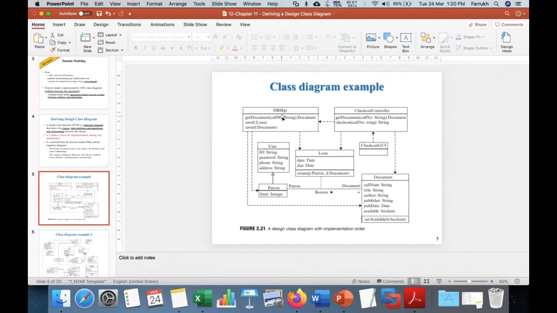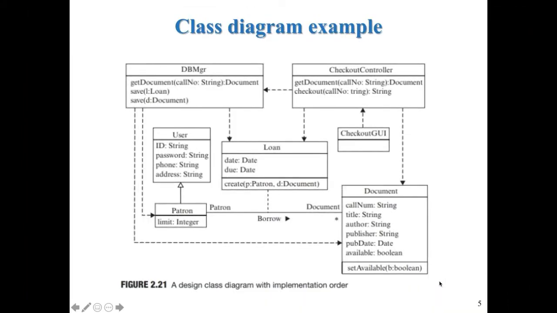In here you see some attributes. You also see some of the methods. So that's your intermediate level of the class diagram, not very initial, not the final.